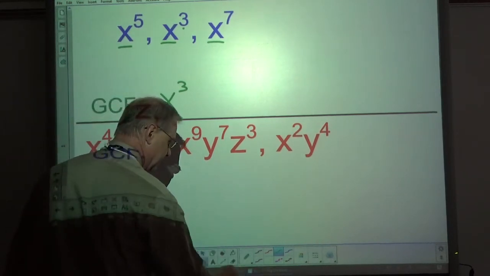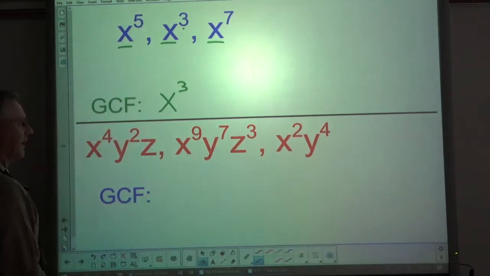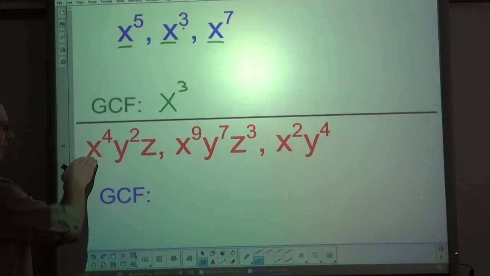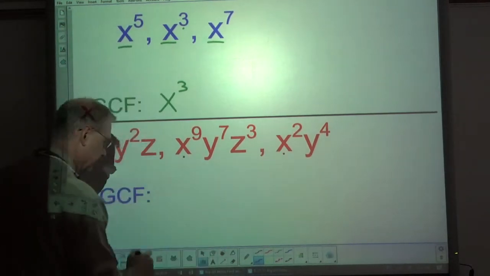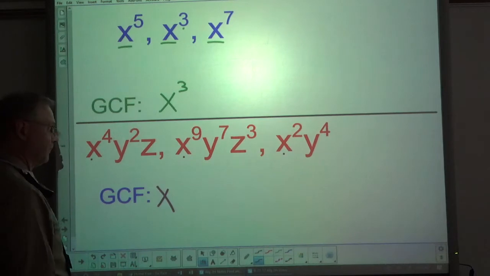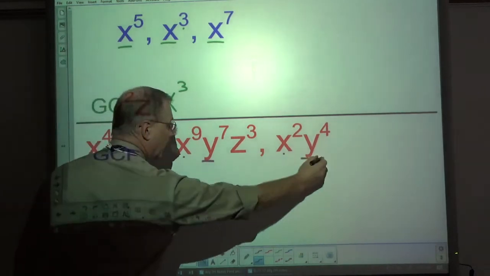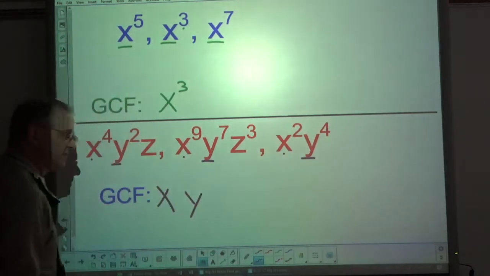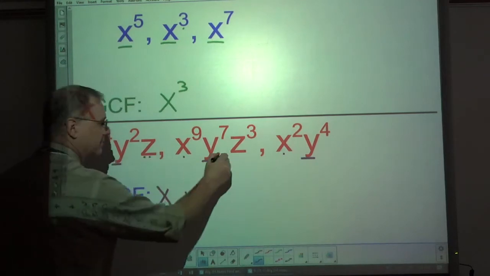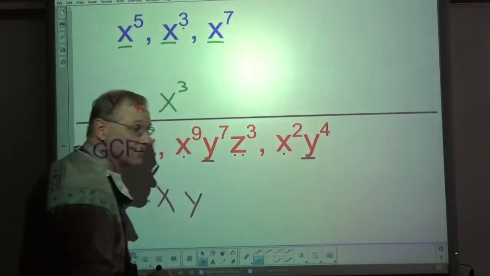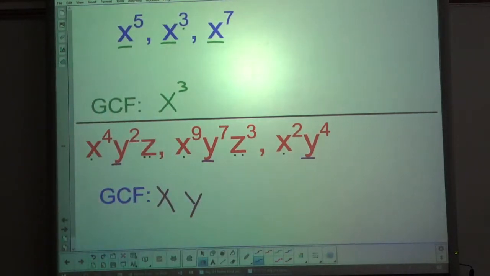If I look down here, I'm going to look at all of these. X is going to be part of my GCF. Y is also part of my GCF. Z, oh, no Z. So Z is not in all of them, it's not part of my GCF.